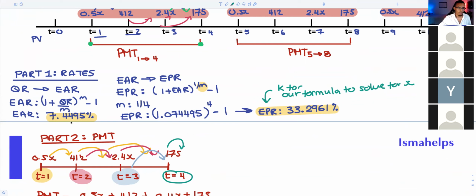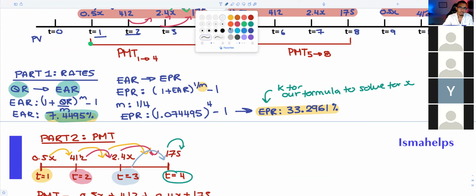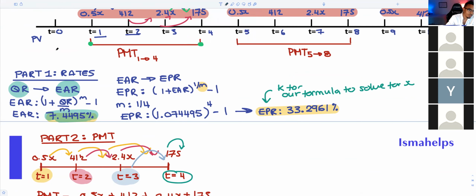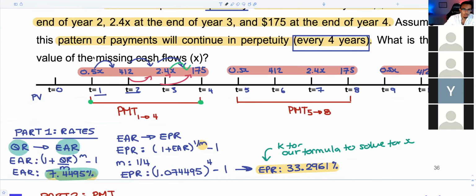Okay, so do you understand that we had our quoted rate and we had to make it an effective annual rate? Is that clear? Yeah. Did you get this number? Yes or no? No. So let me show you. What was the rate that they gave us at the beginning?